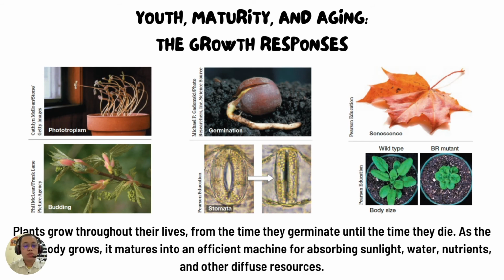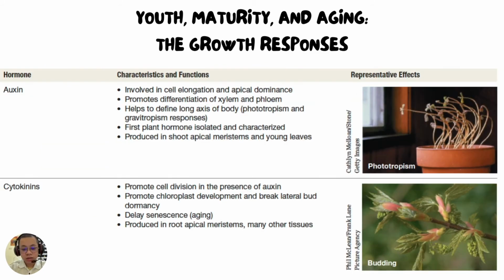Now, let's go to the hormones responsible for growth, for youth, maturity, and aging in plants. I'm going to give six hormones, general hormones that are responsible for the growth of the plant. We have auxin, involved in cell elongation and apical dominance, which promotes differentiation of xylem and phloem and helps define the long axis of the body, such as in phototropism and gravitropism responses.